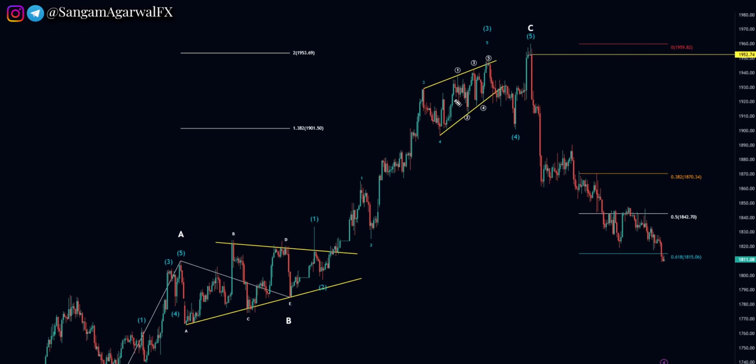While the trick, I repeat again in this video, is to forget this first wave and start counting from this second wave, then you will get the correct counting for the ending diagonal chart pattern.